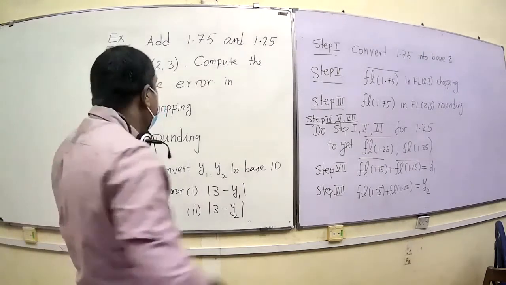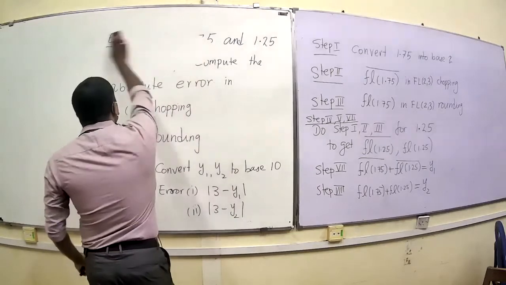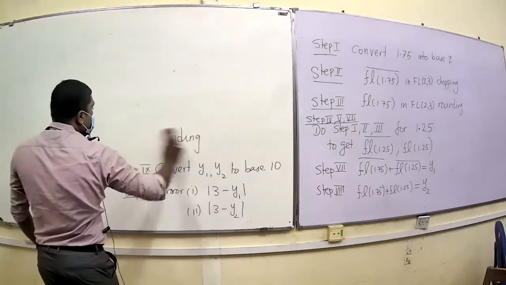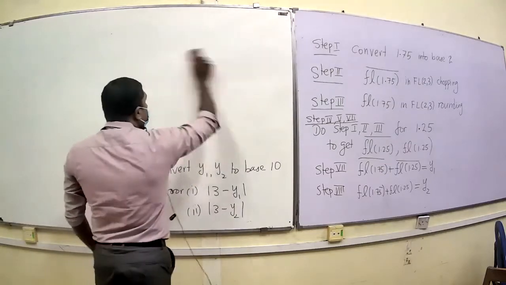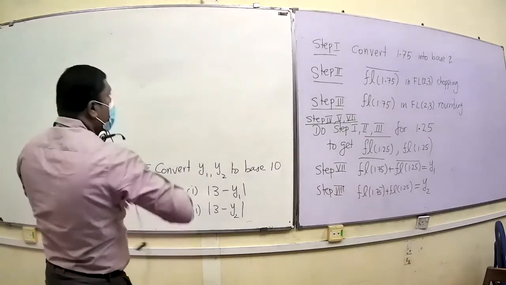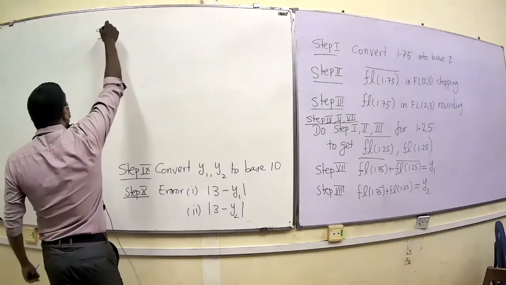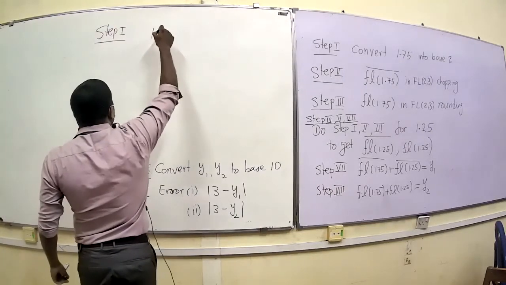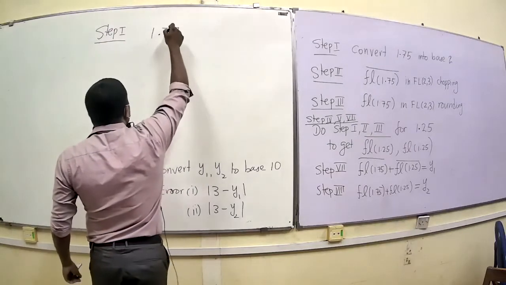So let me start with 1.75. Right, so 1.75 you have two parts. So step 1, 1.75.